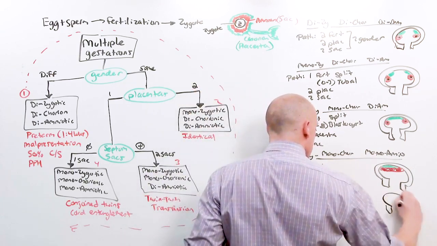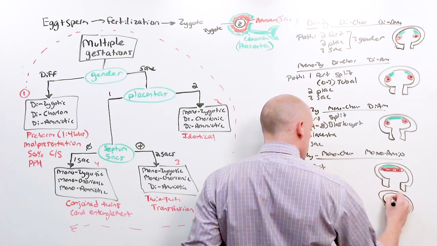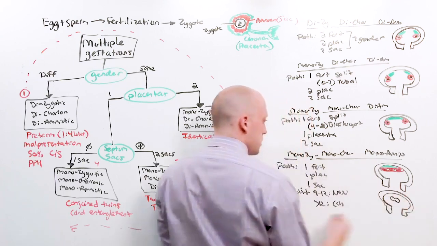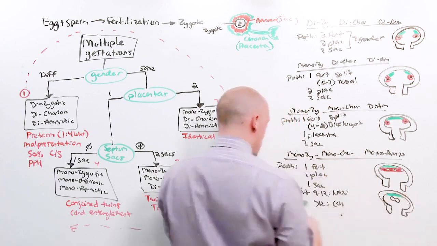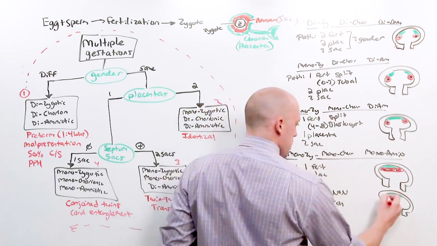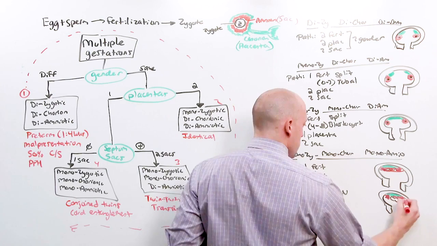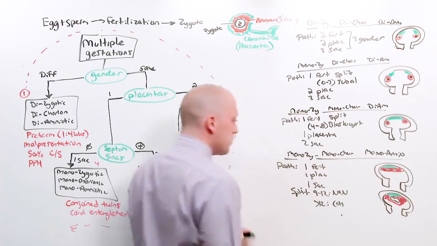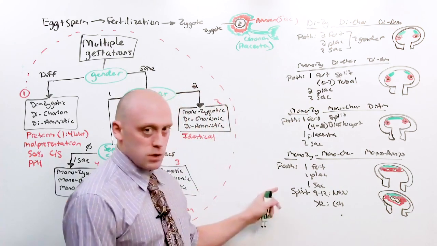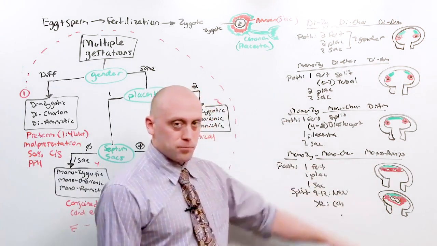In the conjoined form, it looks very similar, except that the 2 developing fetuses are literally connected to each other. They still share a common placenta, they still share a common sac, and now they share a common embryo. These gestations are at risk for cord entanglement as well as conjoining.